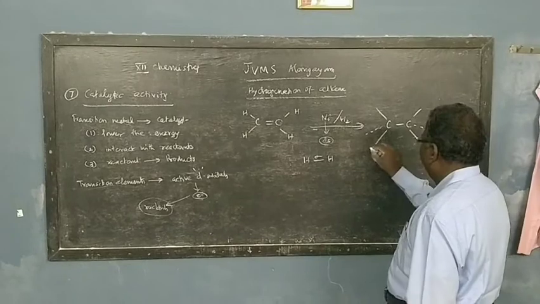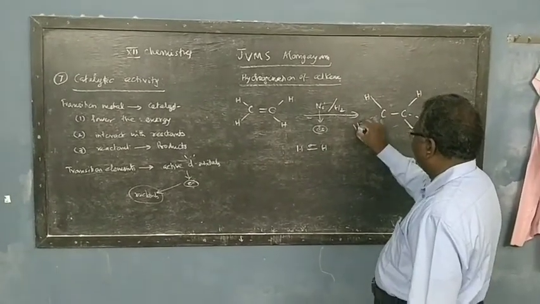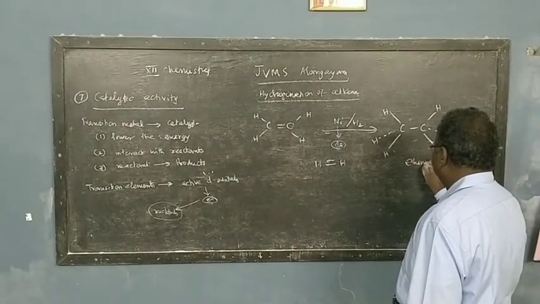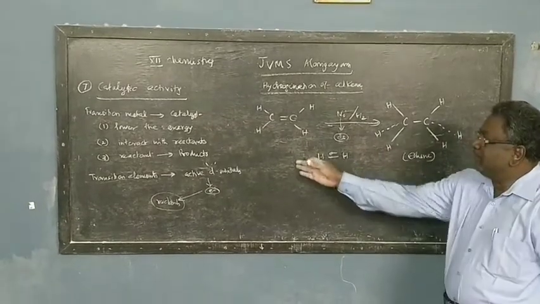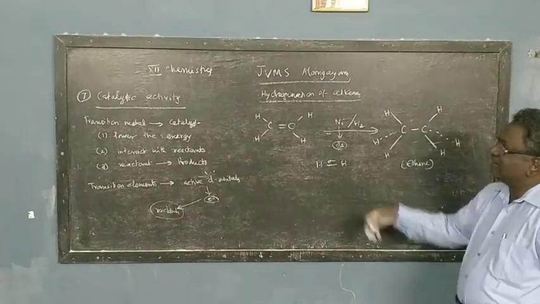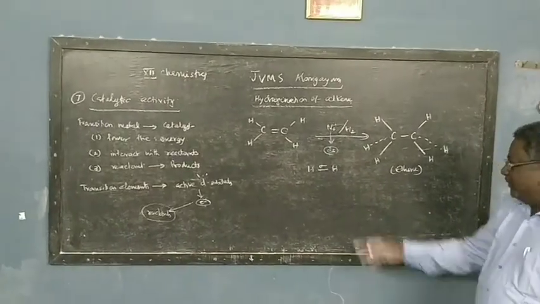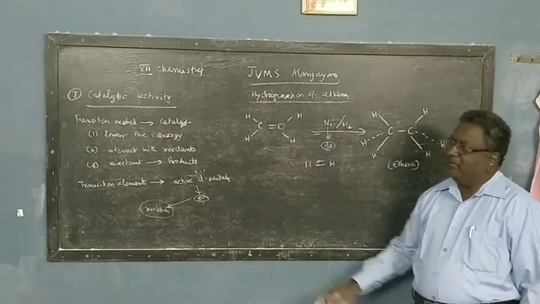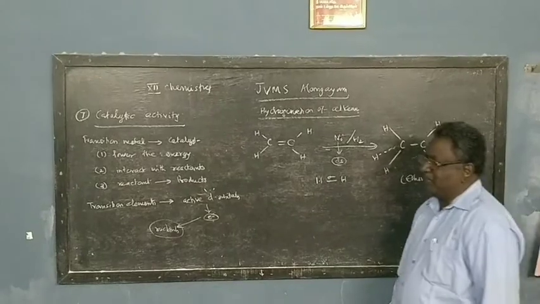Already we have the hydrogens, now these 2 hydrogens also join with carbon, converting alkene into alkane. So ethylene becomes ethane, right? Alkene becomes alkane. This is how nickel plays a very important role in breaking this bond, forming a new bond, then breaking the pi bond, and finally making the product to be formed.